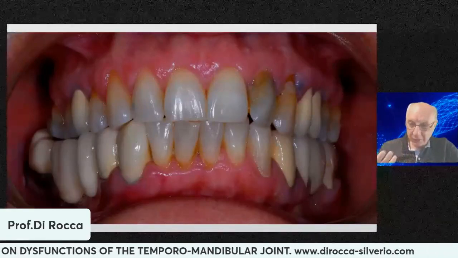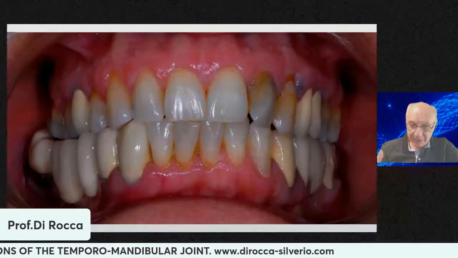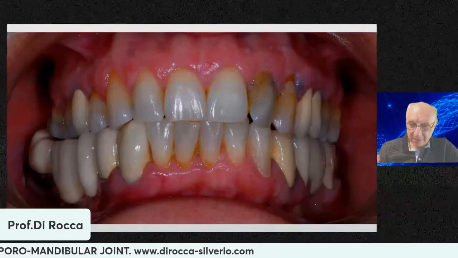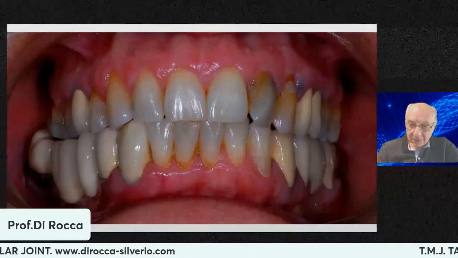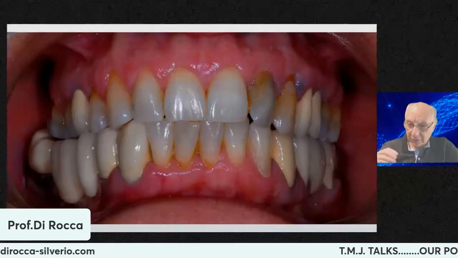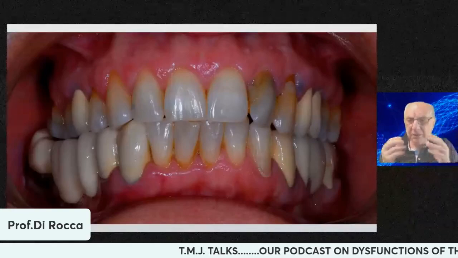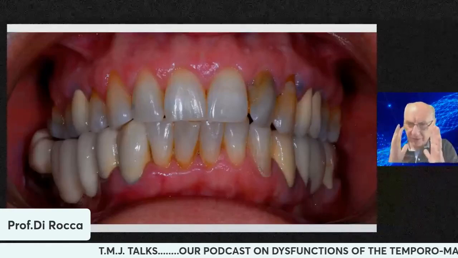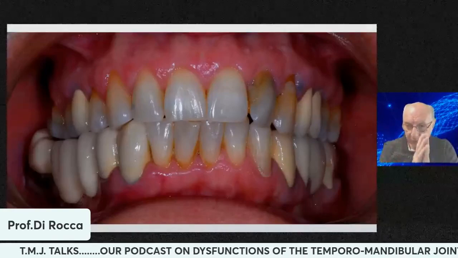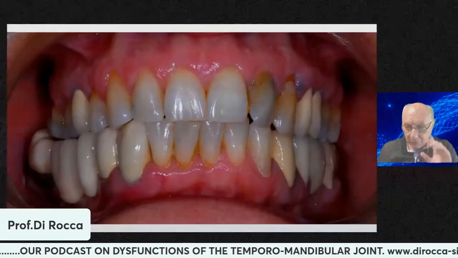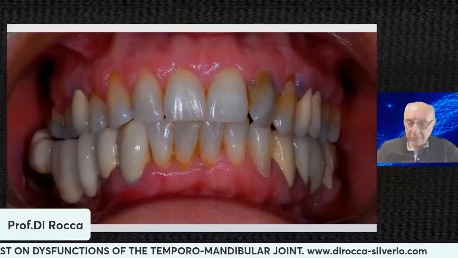We cannot do only physiotherapy or manual therapy, because that is working only with muscle. Yes, you can do manipulation and centrate the jaw. But when the patient closes the mouth, the occlusion turns it back to the wrong position.